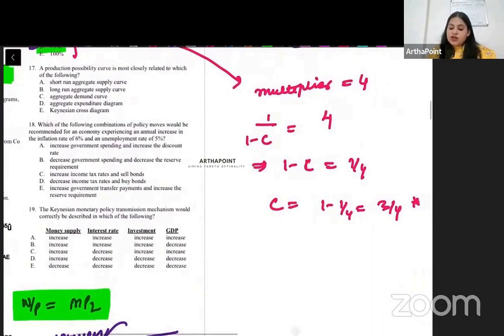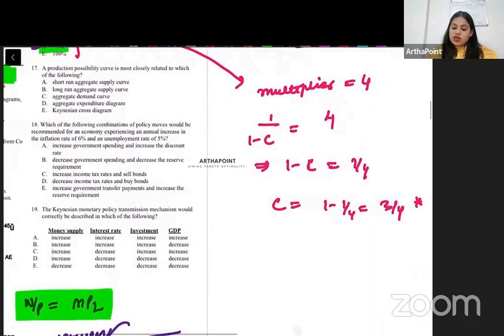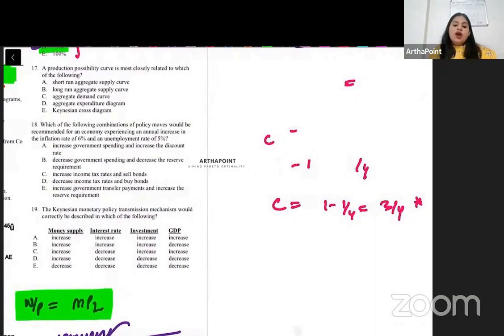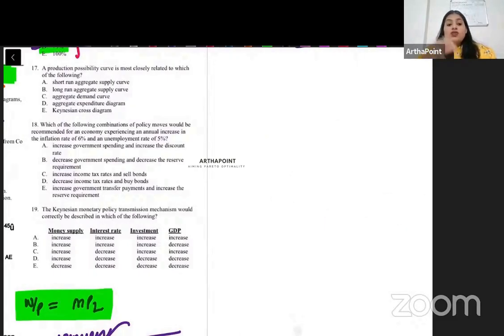A production possibility frontier is most closely related to which of the following? You have to talk about the production possibility frontier, and it says which of the following closely relates to it. This is tricky, but it is very close to your aggregate expenditure diagram. Sorry, not aggregate expenditure.